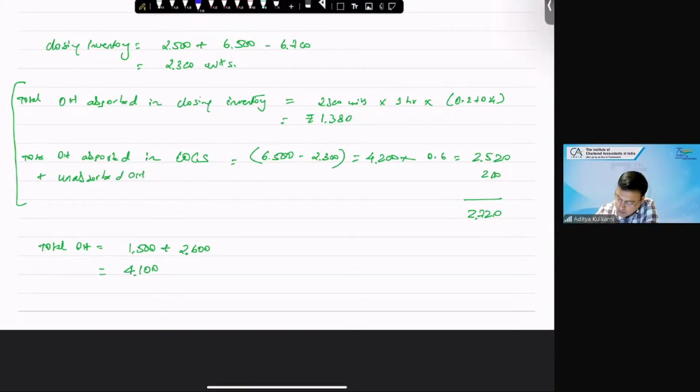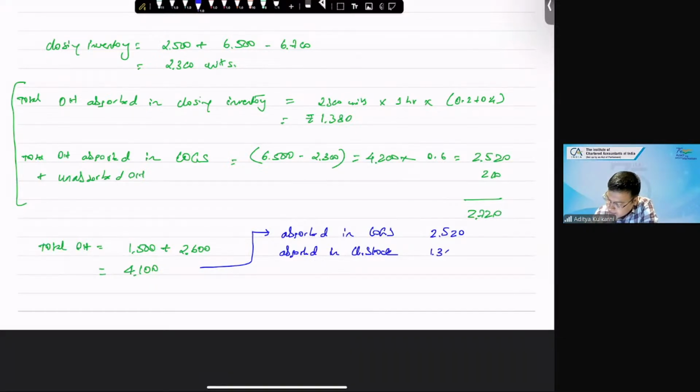Okay. So now, how is this 4,100 appearing in my inventory related items and P&L? Absorbed in COGS, how much is it? 2,520. Absorbed in closing stock, 1,380.